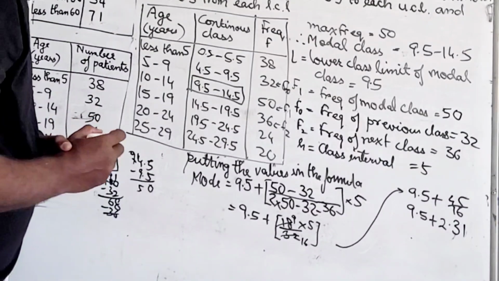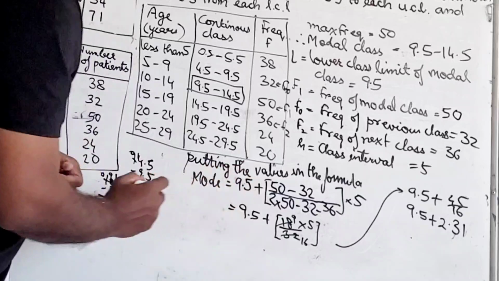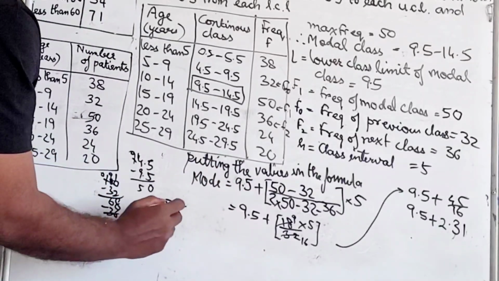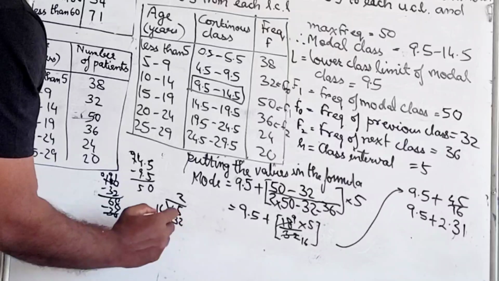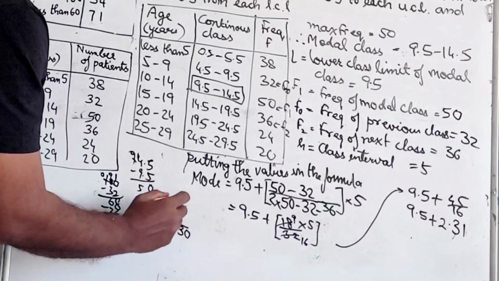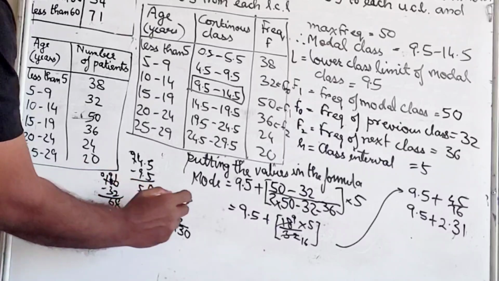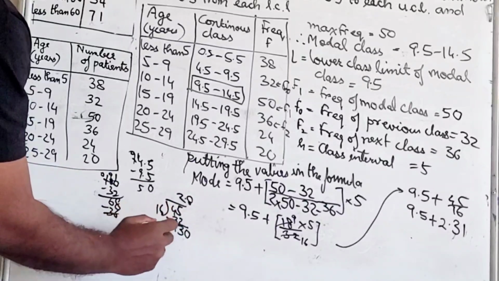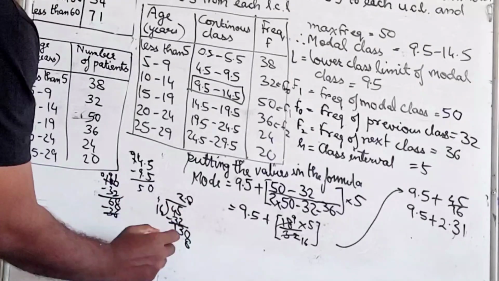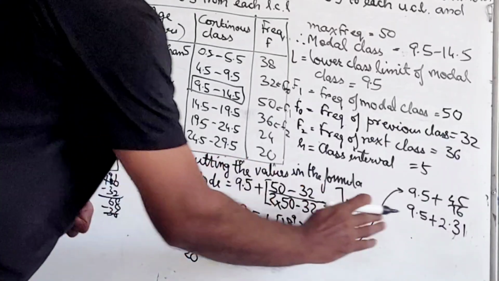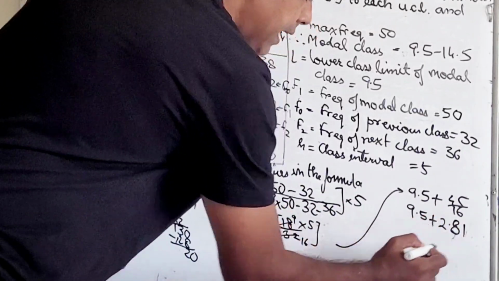So let's do it. 45 divided by 16. 16 2s is going to be 32, 130. 16 8s are 128. 2 and 1. So this is going to be 2.81.